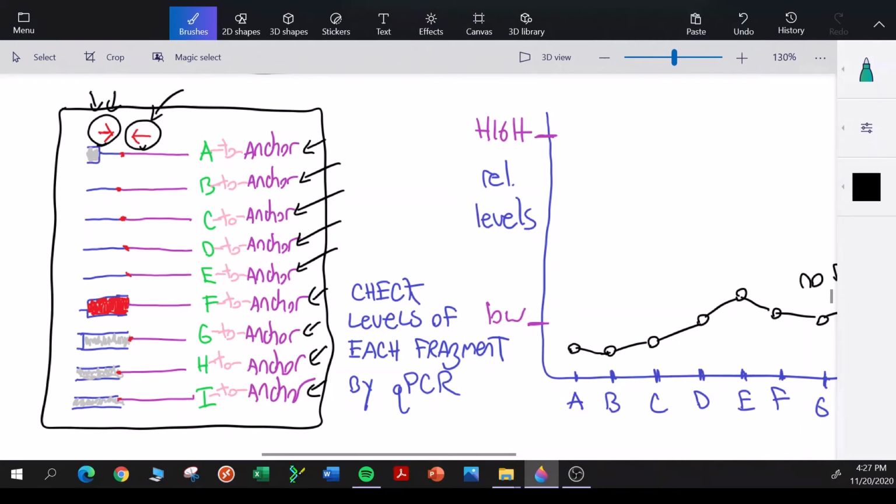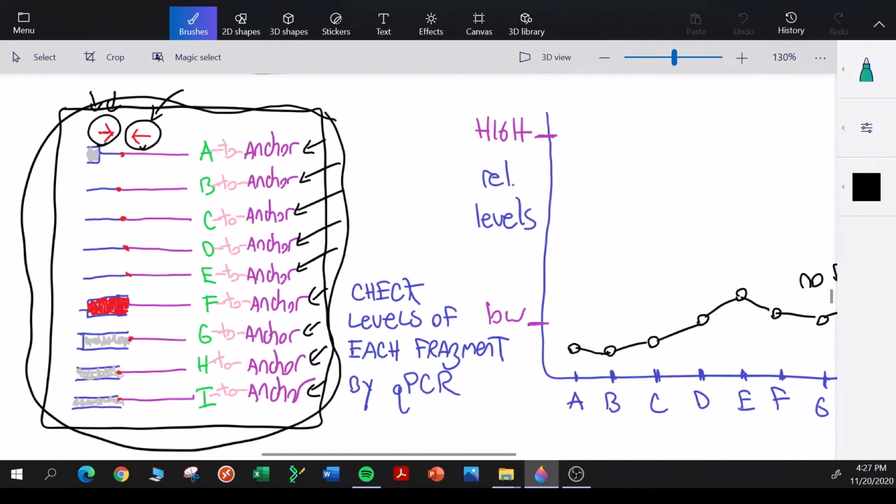The fragment-specific primer is unique to each fragment. So we use qPCR to see which of these segments are found at the highest levels in our solution of DNA. So we're going to check the levels of each fragment by qPCR.